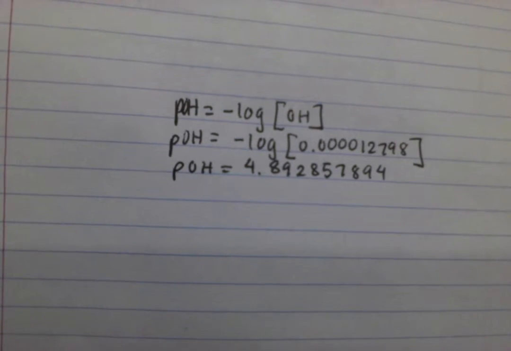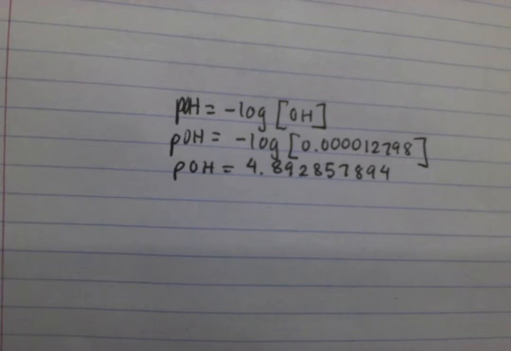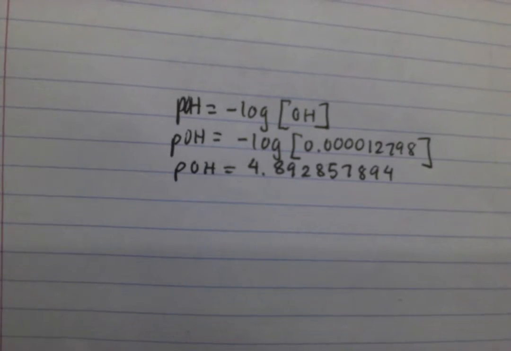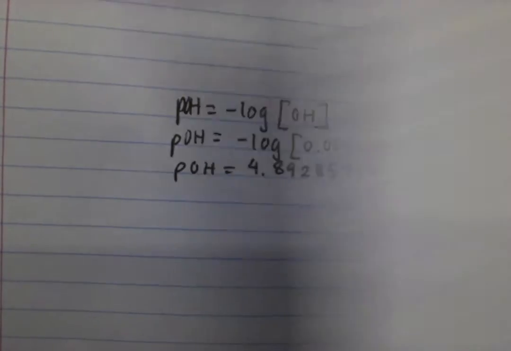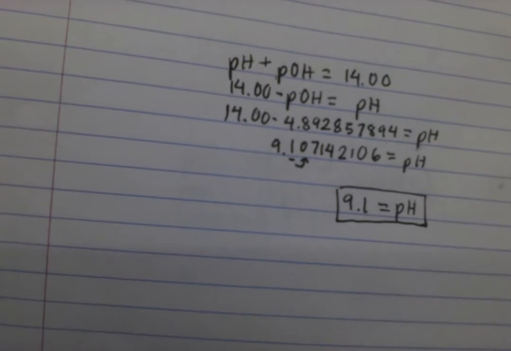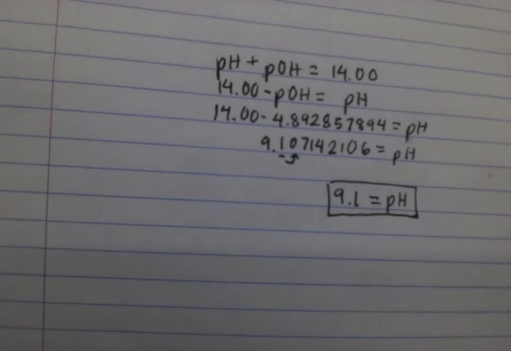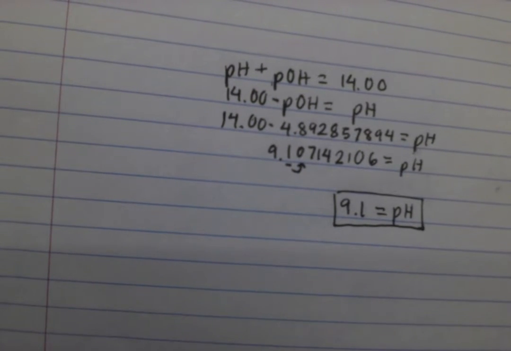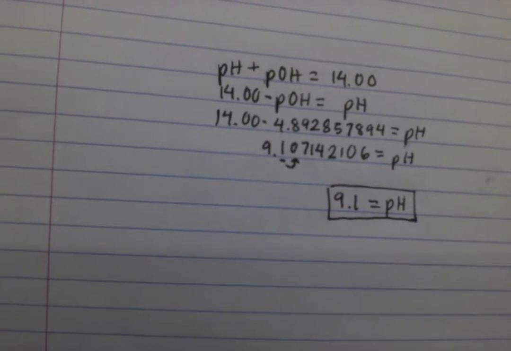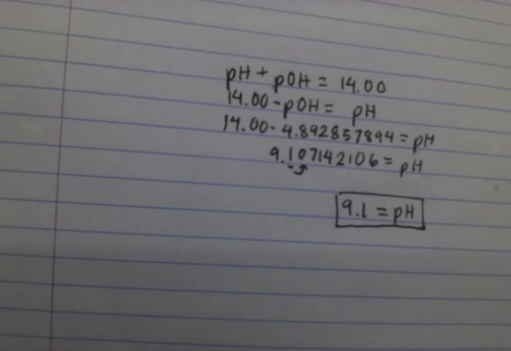We plug the x value that we just found into the OH and find the pOH to be 4.892857894. In order to find the pH, we use the equation pH plus pOH equals 14. So now we plug in the pOH value that we found, and we find the pH to be 9.1, which is two significant figures, and we rounded it at the end.